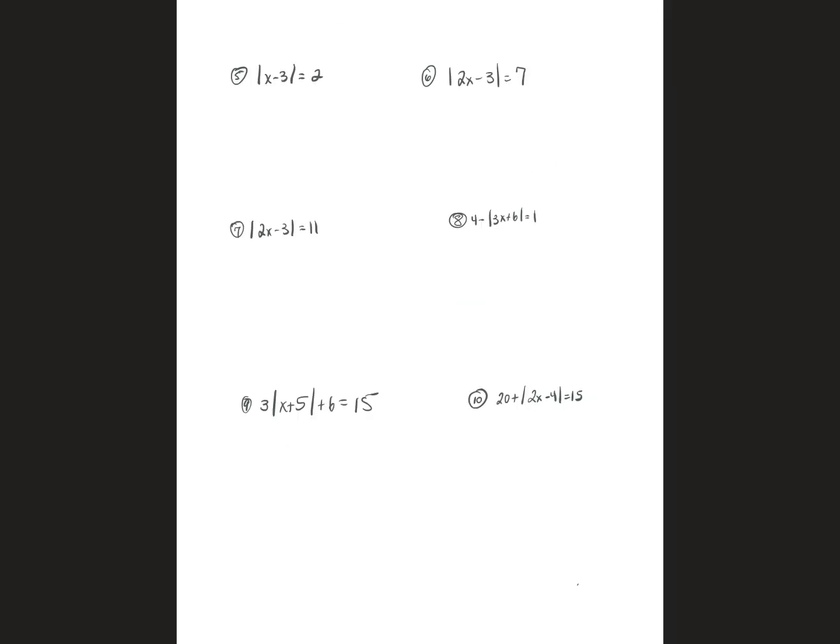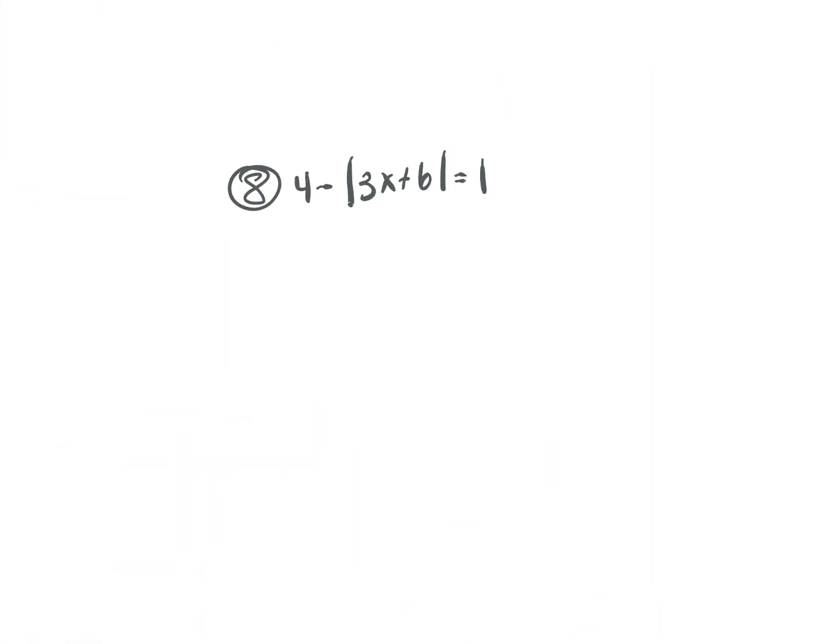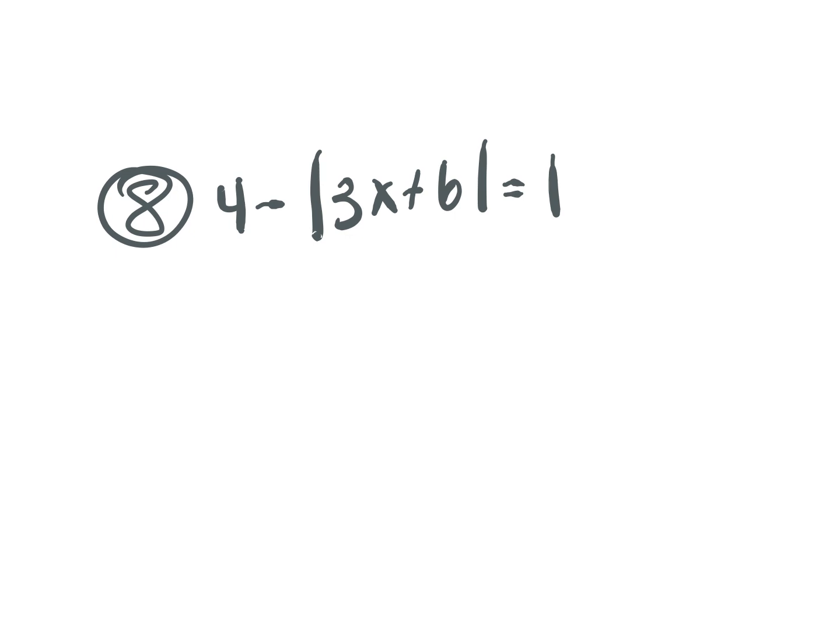All right, let's do some more. Let's take a look at number 8. What should I do first for number 8? Move the 4 over. We want to isolate our absolute values, so move everything else to the other side. So I'm going to subtract 4 to move it over.